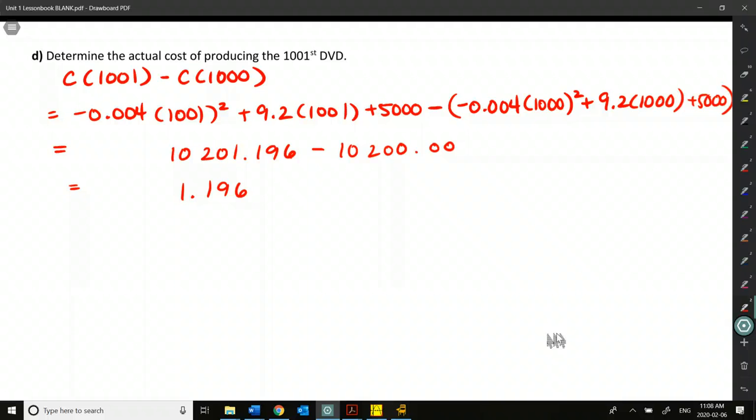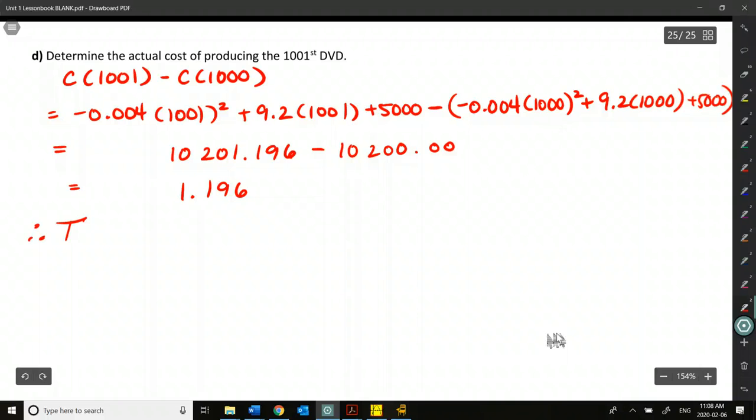Okay, now sometimes we would round values like this, but since this is very honed in on a particular cost of a particular DVD, a lot of times we do actually care about that fraction of a cent. So I'm just going to leave it like that, because it's so minuscule between DVD to DVD that the fraction of a cent actually does matter.